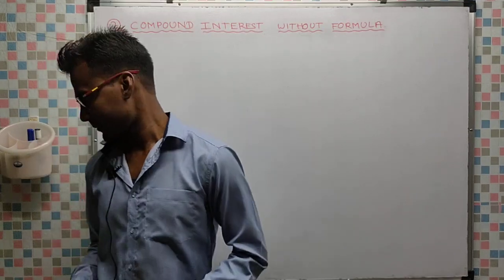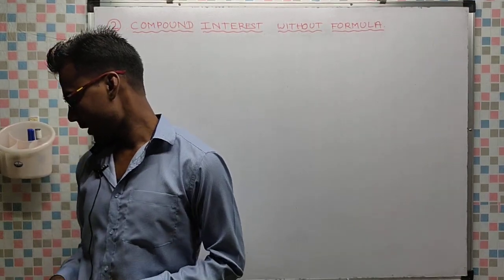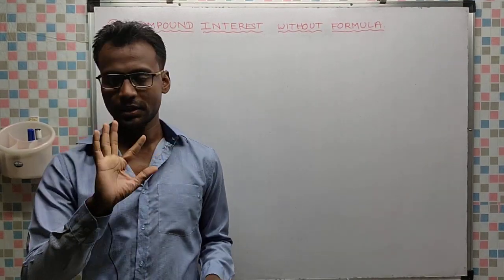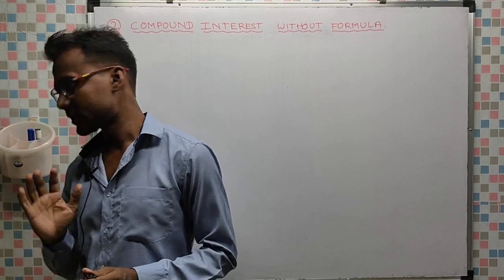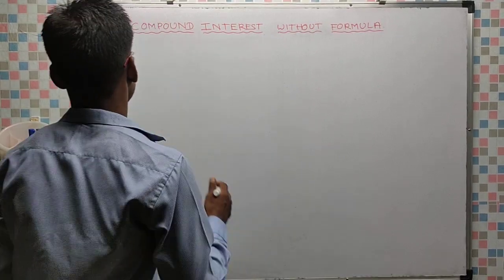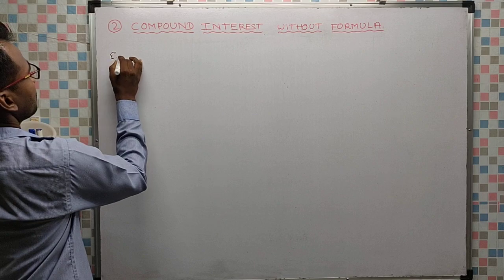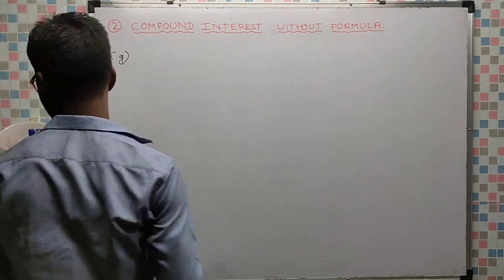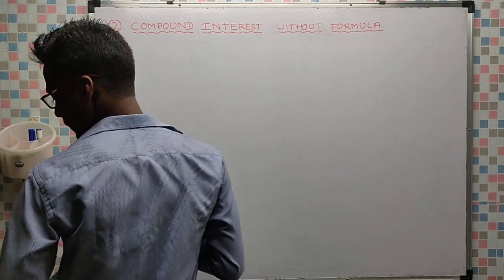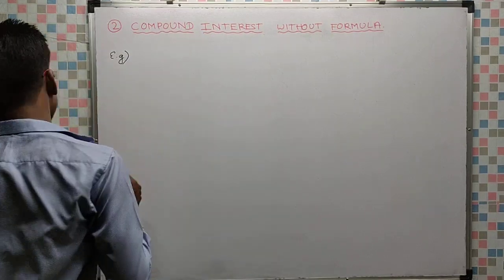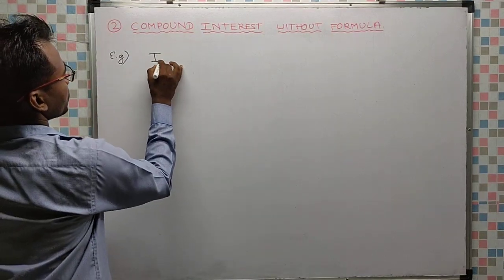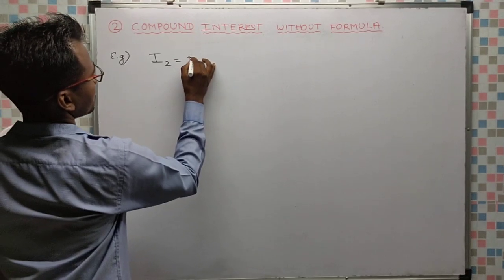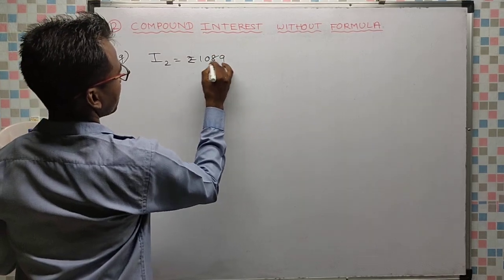Suppose we have a question: the compound interest calculated yearly on a certain sum, the sum is not given, for the second year is rupees 1089, means I2 is rupees 1089.